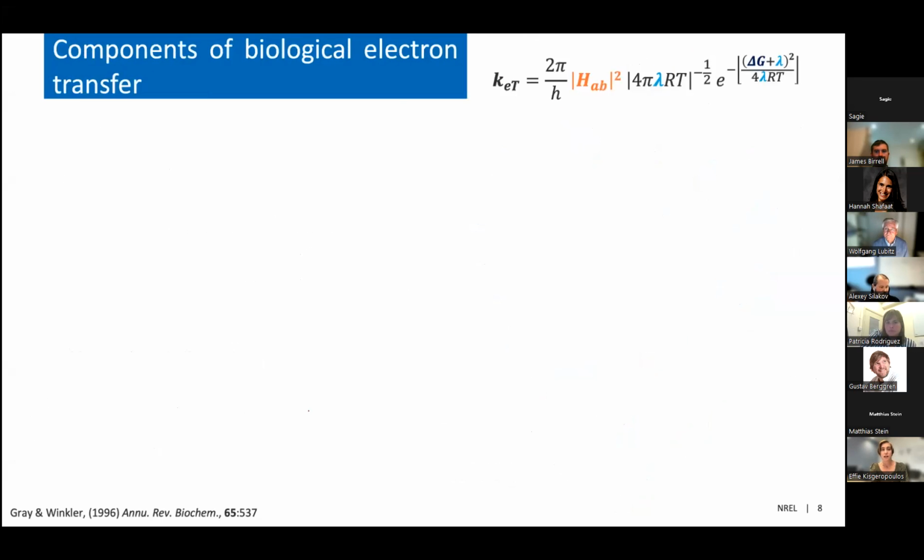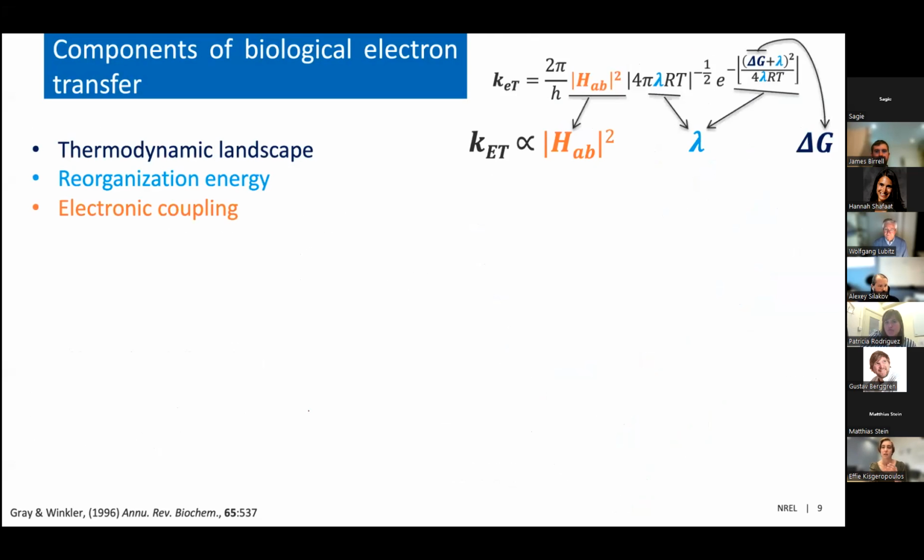First, I want to orient ourselves with the different components that matter in biological electron transfer. I know this equation is very familiar to everybody, but I wanted to put it up here and pull out the components to make it a little simpler to look at. We have the thermodynamic landscape, the reorganization energy, and the H_AB term, the electronic coupling.